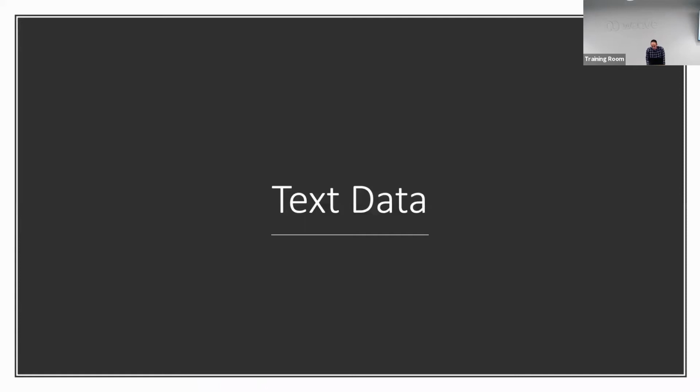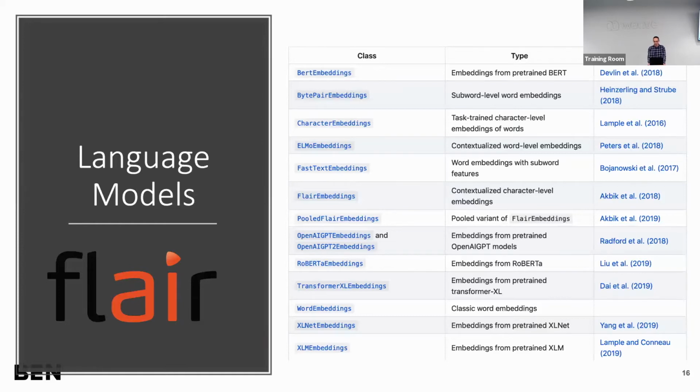So when thinking about text data, the last model that we built, I used PyTorch because it's really nice and handy. For language models, there's a few different libraries that have been built on top of PyTorch that are extremely useful. One of them is called Flair, which I like a lot.